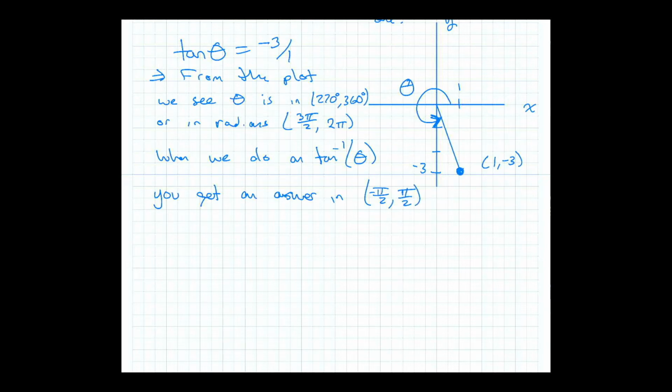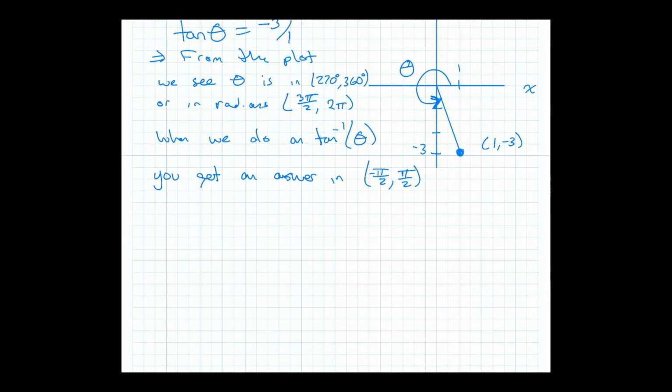And so what you're going to have to do is interpret that answer to get the real answer. So you get an answer in negative pi over 2 to pi over 2, which is not what we want. We want it to be in between 0 and 2 pi.